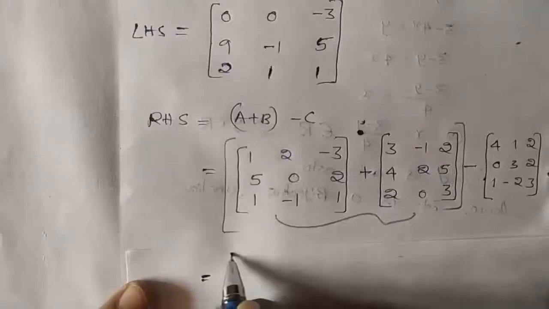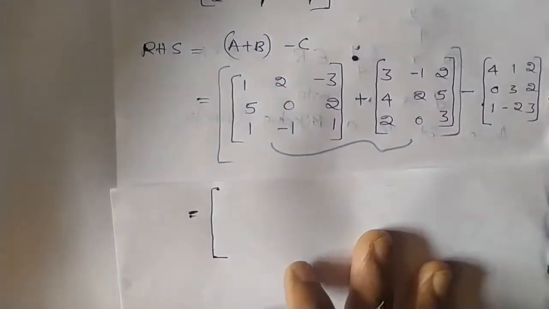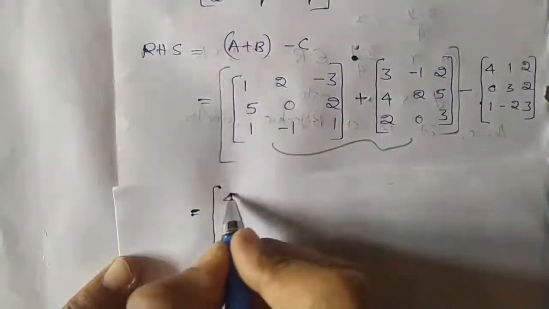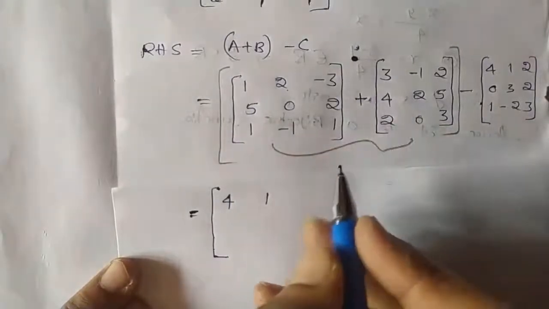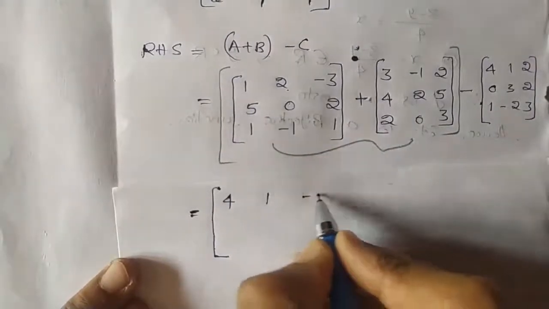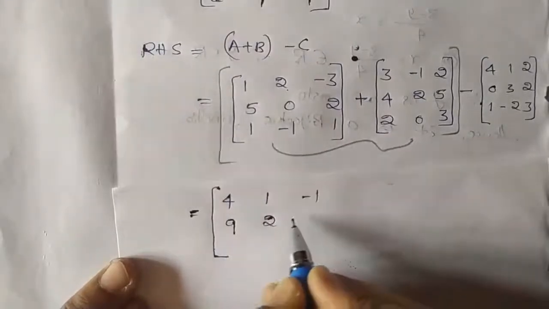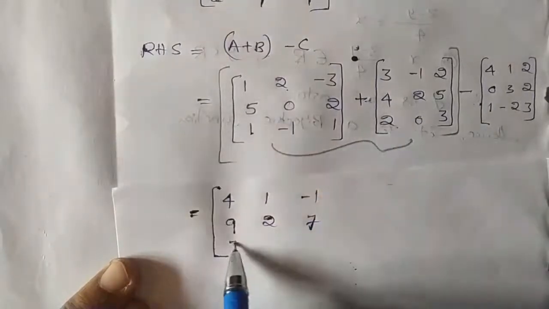That is equal to 1 plus 3 is 4. 2 minus 1 is 1. Minus 3 plus 2 is minus 1. 5 plus 4 is 9. 0 plus 2 is 2. 2 plus 5 is 7. 1 plus 2 is 3.